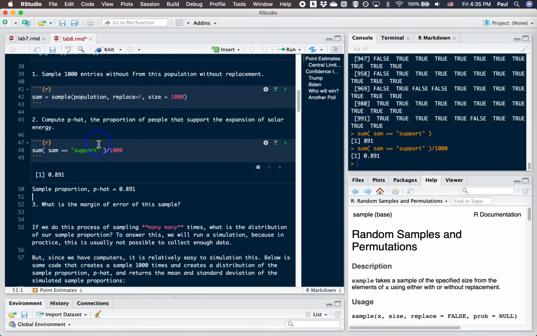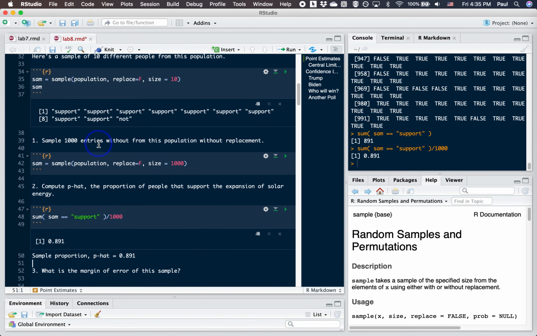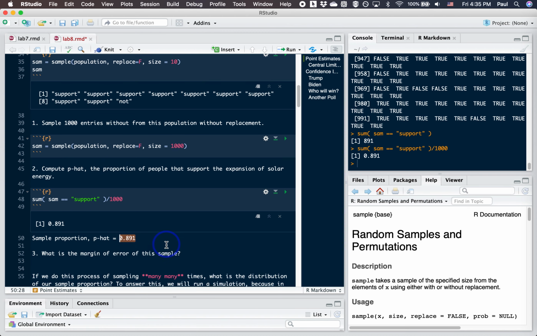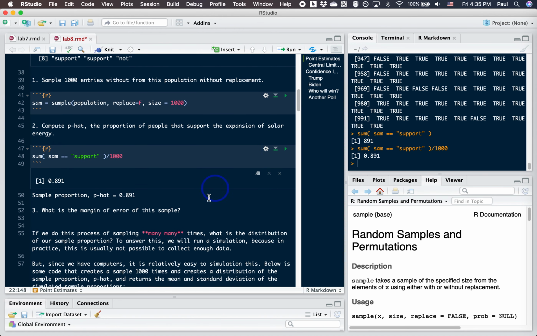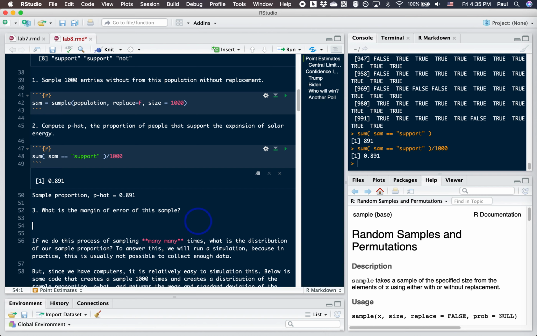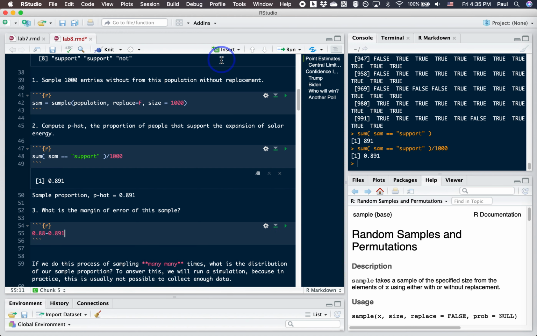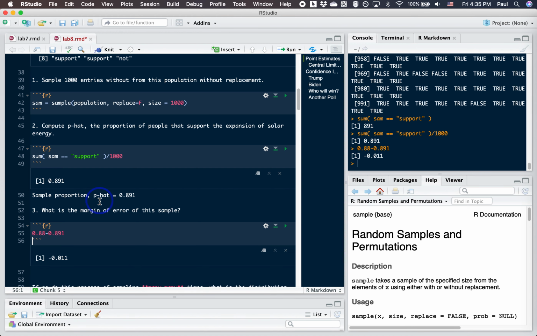How does that compare to the population proportion? You might have different data because of your random generation, but based off your results, how does that compare to the theoretical population proportion? This is called the margin of error. If we take 0.88 minus 0.891, and I make an R chunk for that, that gives us the margin of error.